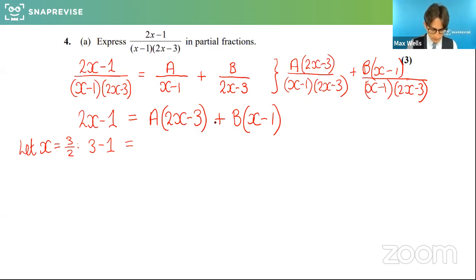So that is a clever technique to use. And then if I sub 3 over 2 in here, I get b times a half. So, I end up with 2 equaling half b. So then I know b equals 4.